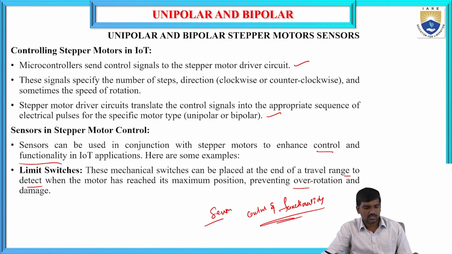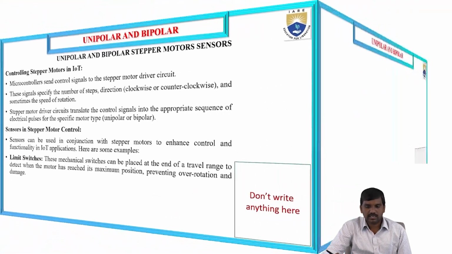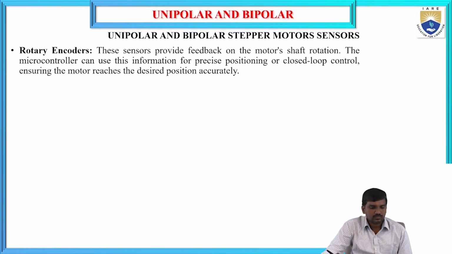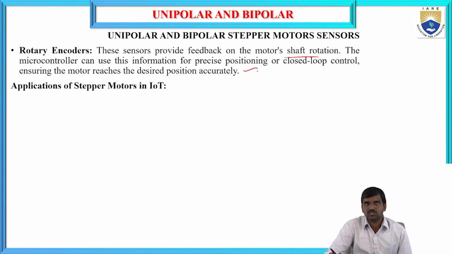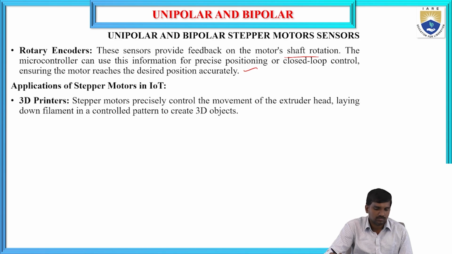Next, rotary encoders. These sensors provide feedback on the motor's shaft rotation. The microcontroller can use this information for precise positioning or closed loop control, ensuring the motor reaches the desired position accurately.